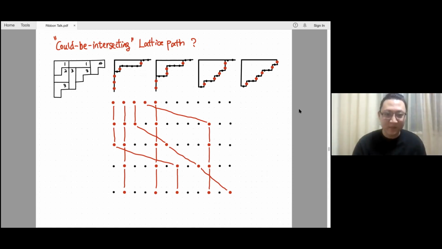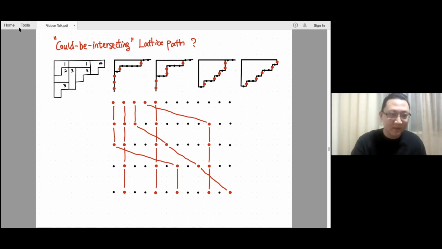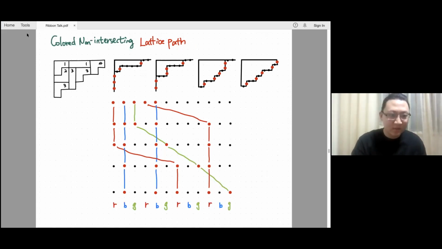In general, if it's an n ribbon tableau, then they can move to the left in multiples of n. So the problem is that this path is intersecting, which basically means that there's no way to give a 6 vertex model for these paths.